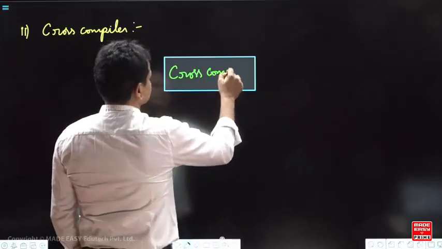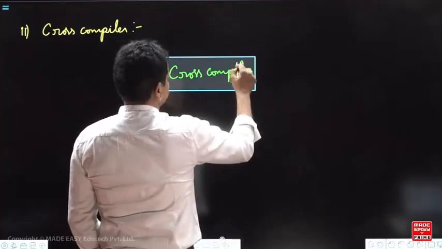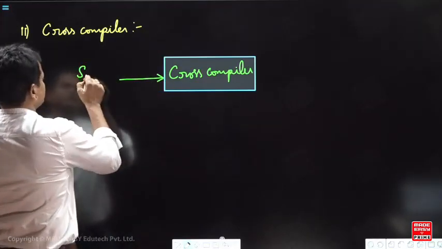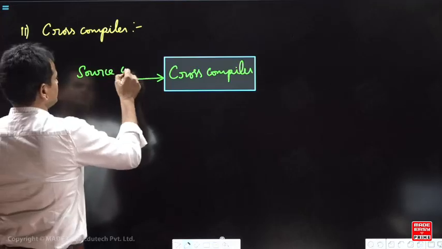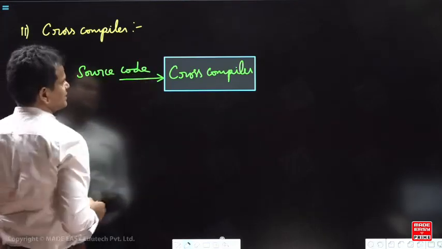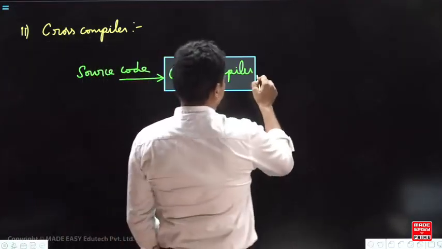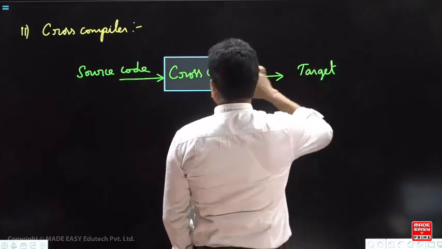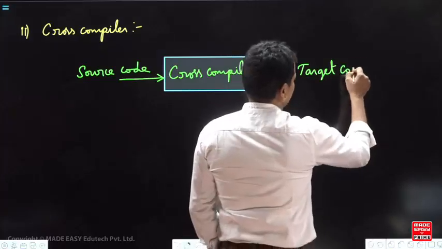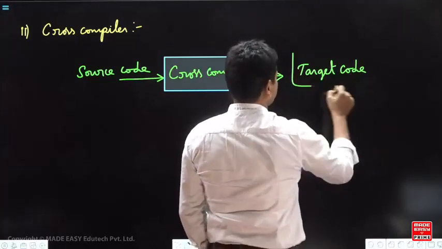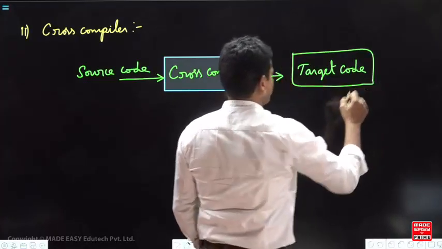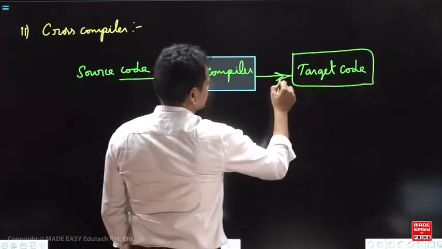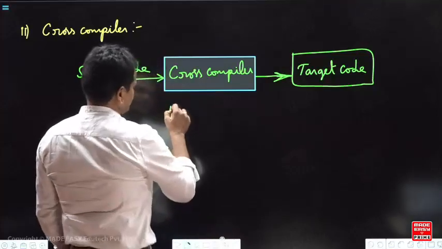Any compiler takes the source code and produces the target code. Cross compiler takes the source code and produces the target code. While I am writing this, you can copy simultaneously. So what is a cross compiler?